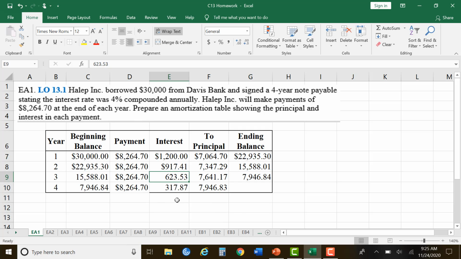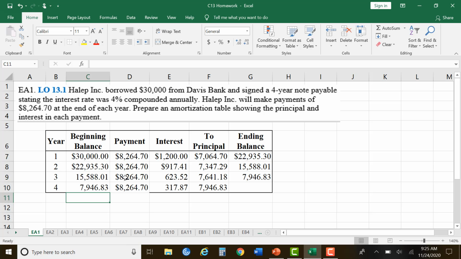Let me see what it was before I rounded it. We had that times 4. Okay, so it should have been 52. That's my fault. 623.52. And then that made that 83. So that should have been 83.